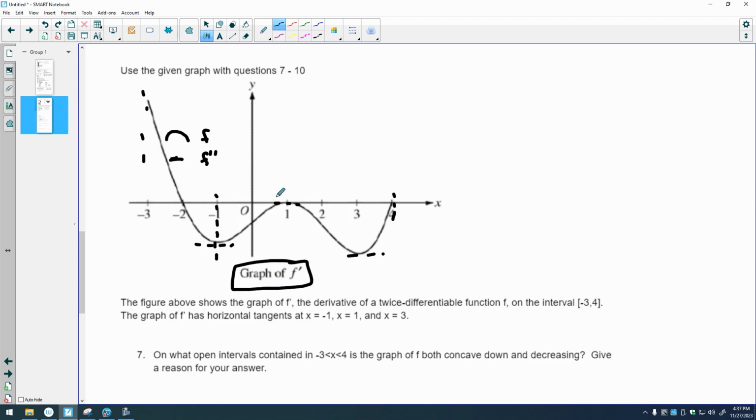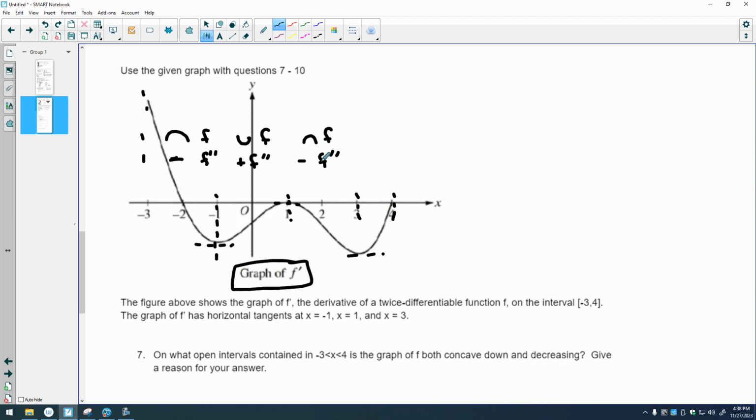Same logic. From -1 to +1, my f prime is increasing, so f double prime is positive, making f concave up. From 1 to 3, f prime is decreasing, making f double prime negative, making f concave down.